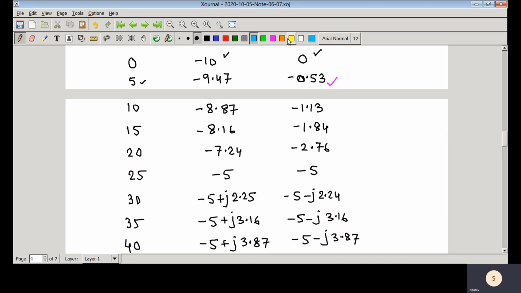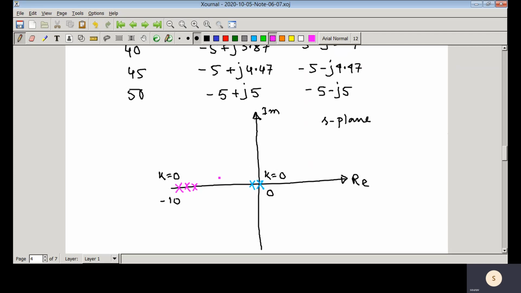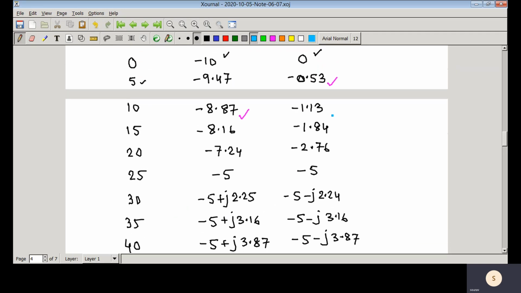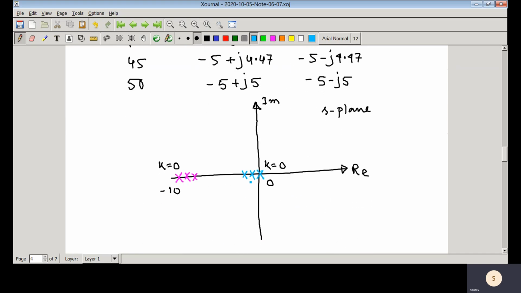Then the third one, again increasing, minus 8.87, so it is here, and this pole is moving along that direction, minus 1.13, so it is here.